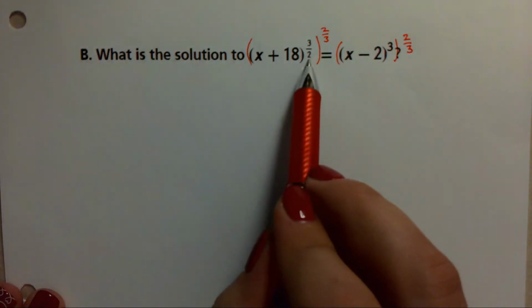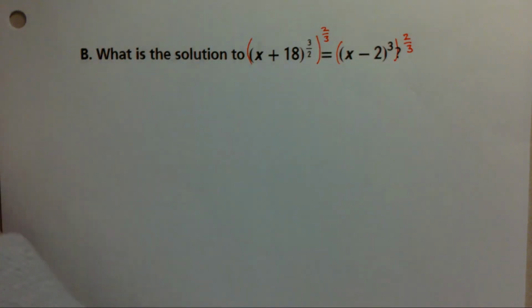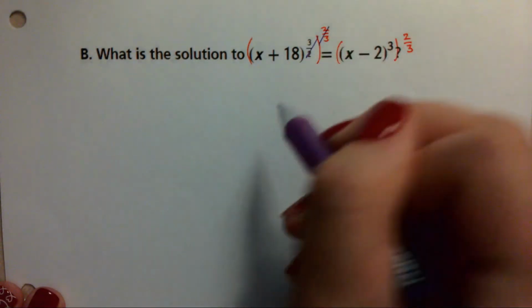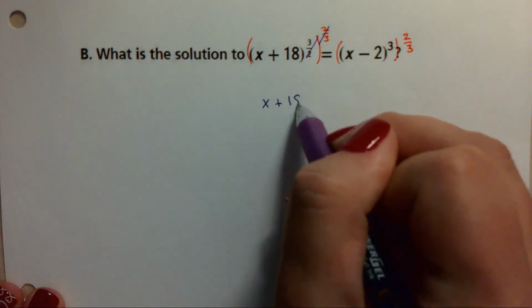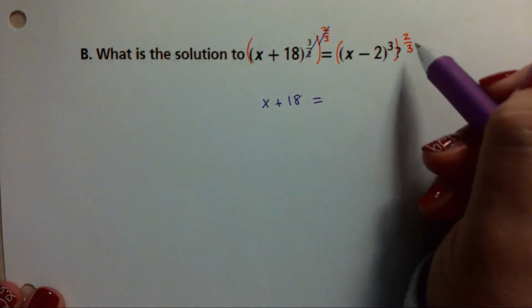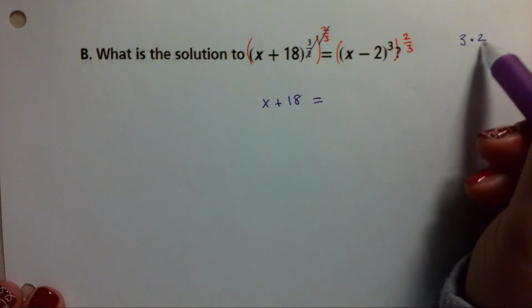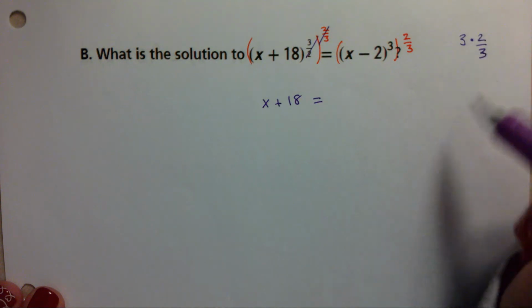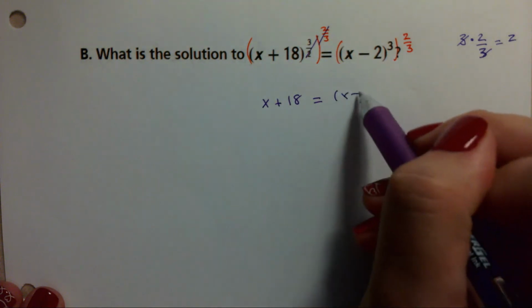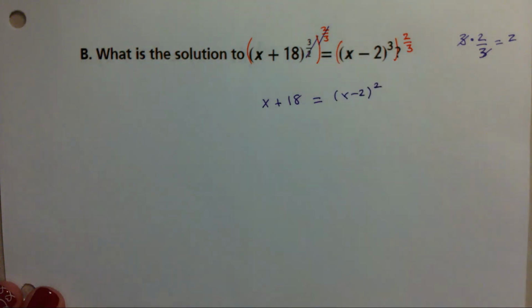And now over here, 3/2 times 2/3 is 1. So I just get my x plus 18. And over here, because we're doing power to a power, 3 times 2/3 is 2. So we get x minus 2 squared.